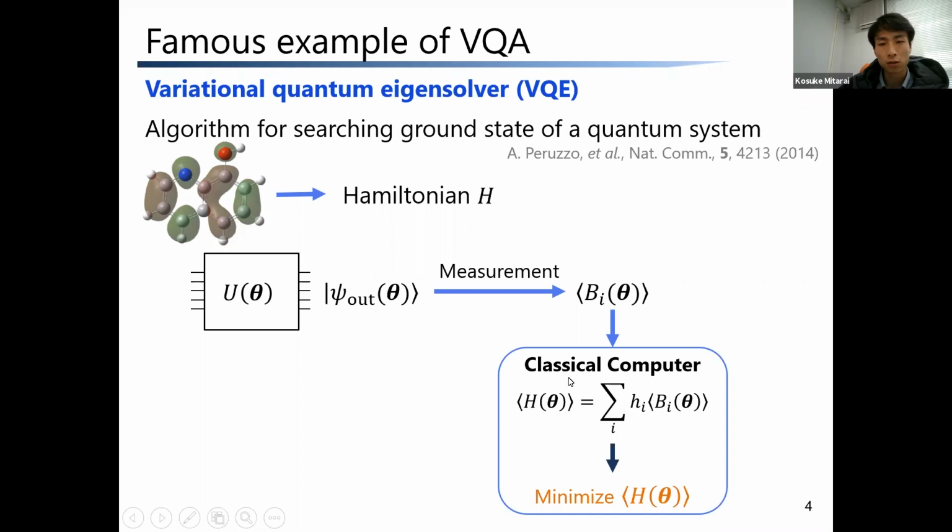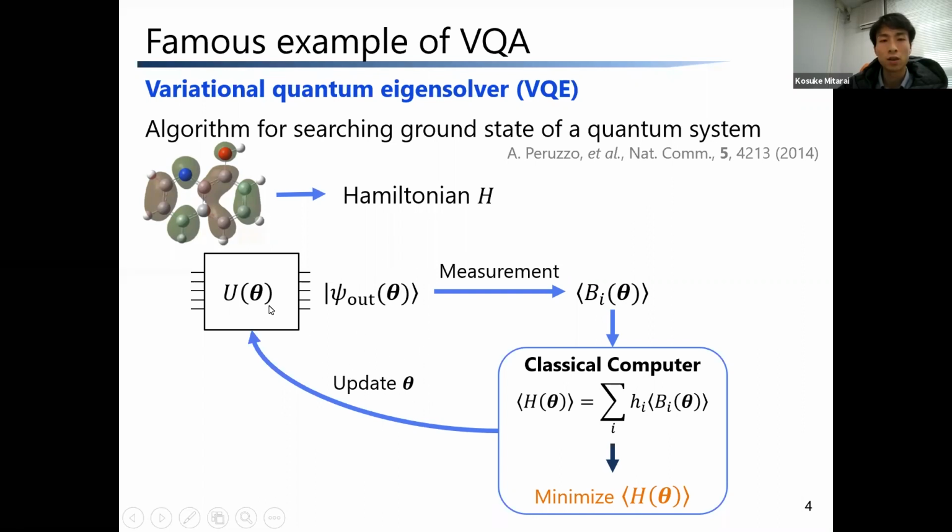On the classical computer, we compute the average or expectation value of the Hamiltonian, and we want to minimize this energy. In this case, H theta serves as a cost function, and we want to minimize it by repeatedly updating theta on a quantum computer.